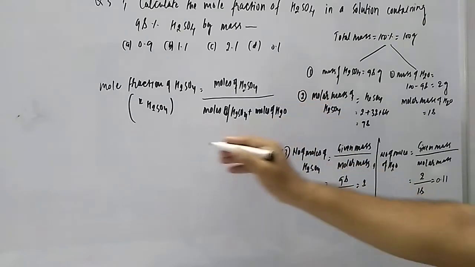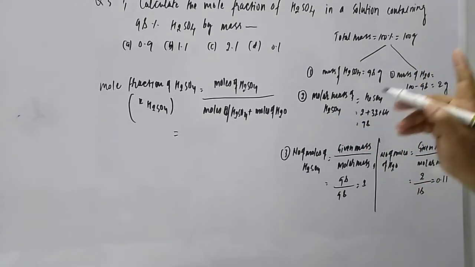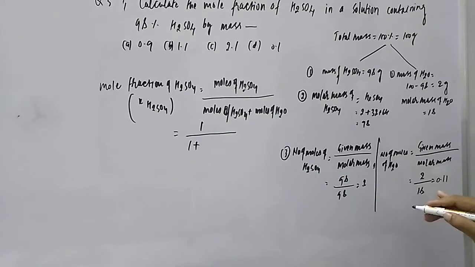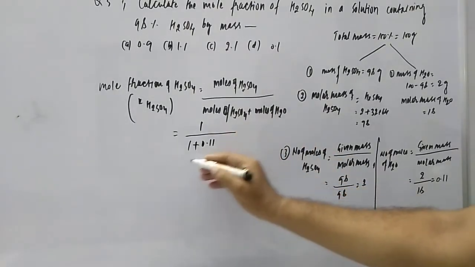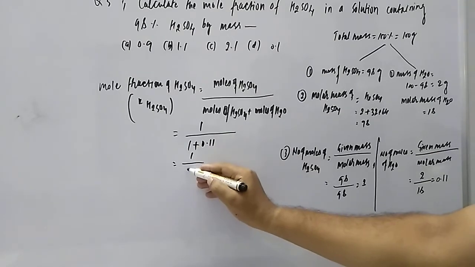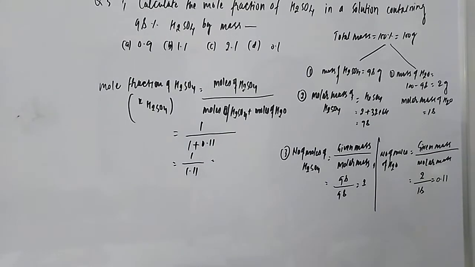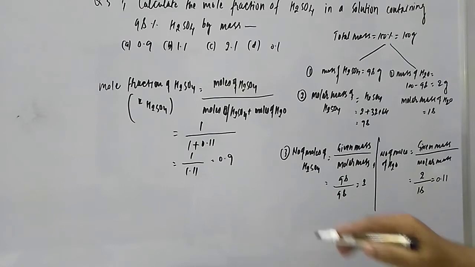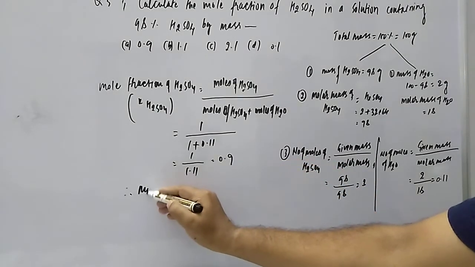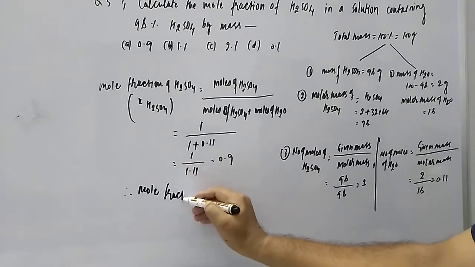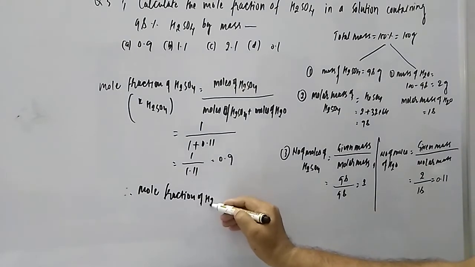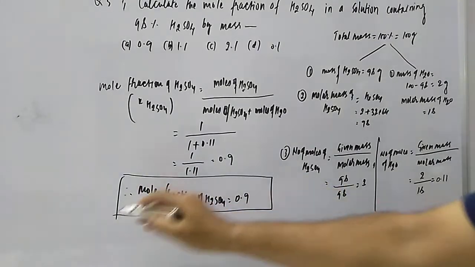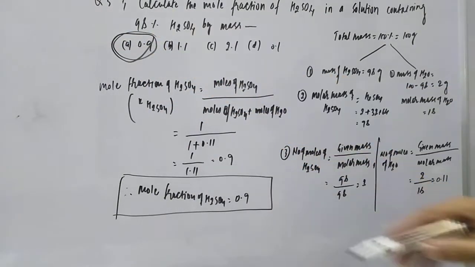Here you got 1 divided by 1 plus 0.11, so 1 by 1.11. It is coming 0.9. So the mole fraction of H2SO4 is 0.9. This is our answer. So which is the correct option? Option A is the correct option.